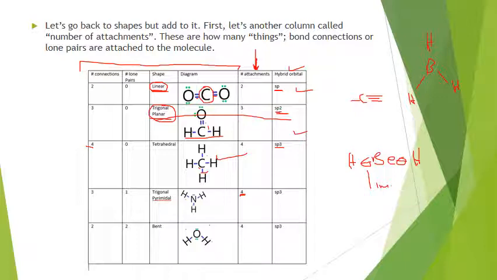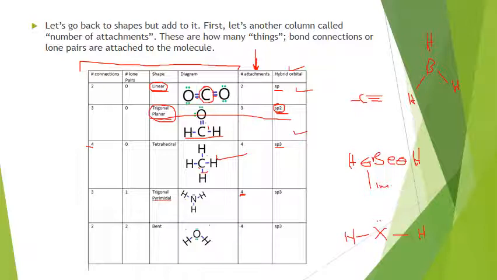And so if the center atom has 2 attachments, it could be either lone pairs or bonds. It's going to be sp. Okay, if you have 3 connections, and they can be lone pairs or bonds, then it's going to be sp2. For instance, if you had a molecule that looked like this, or it has 2 bonds, 1 lone pair, that's going to have an sp2 hybrid.